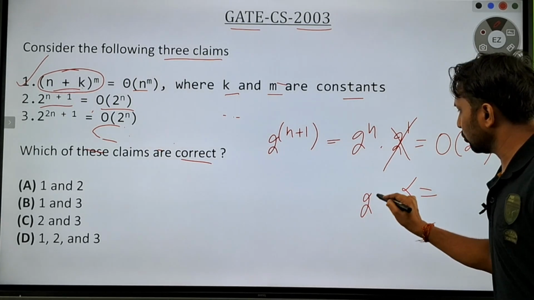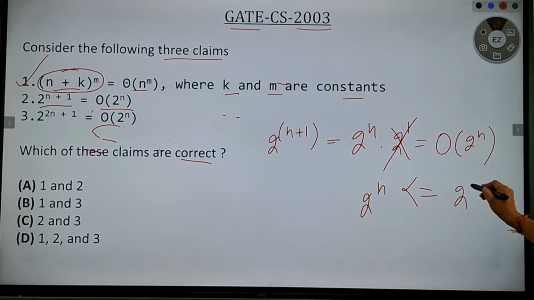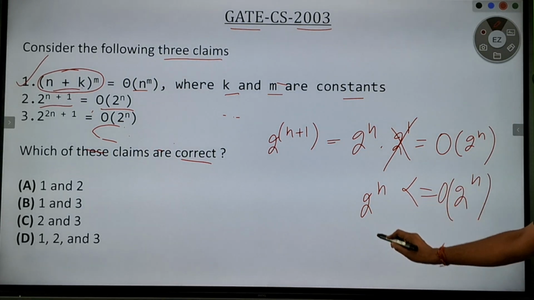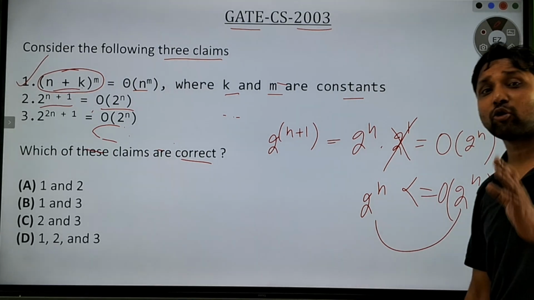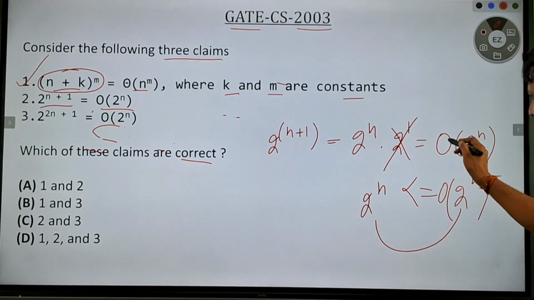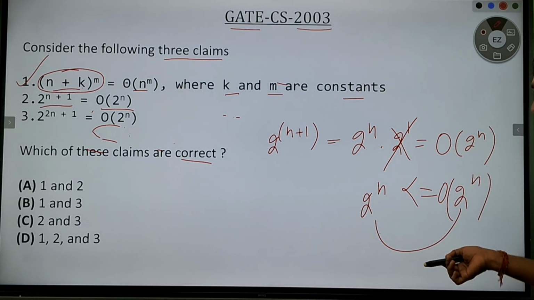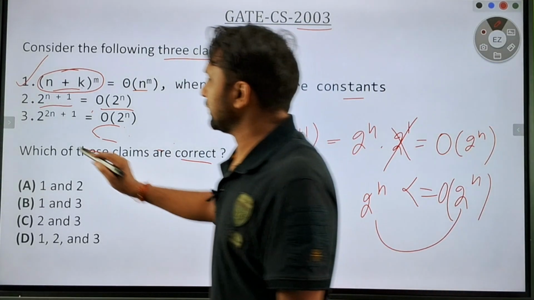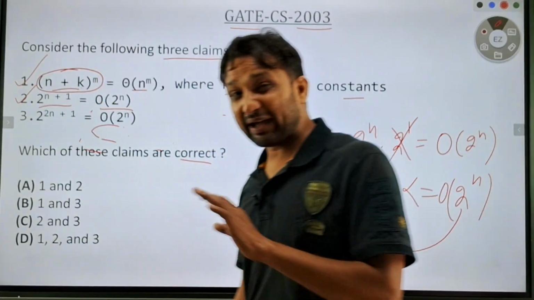Here we have 2 power n, and here also we have 2 power n. So yes, I can represent it with big O, because equal to can also be represented with big O notation. Although I can represent it with theta also, big O also supports equal to. So the second claim is also correct.